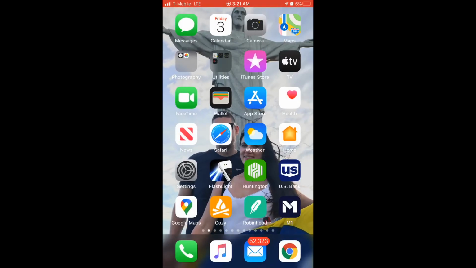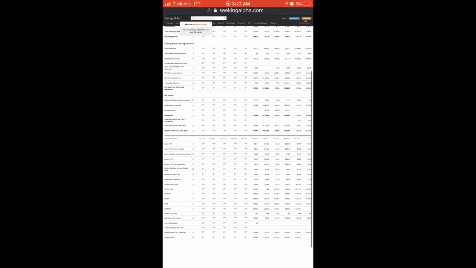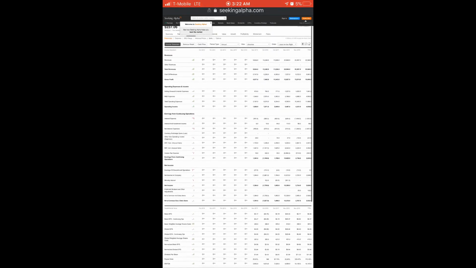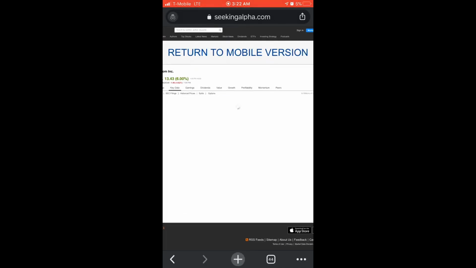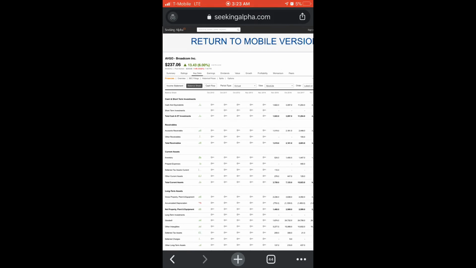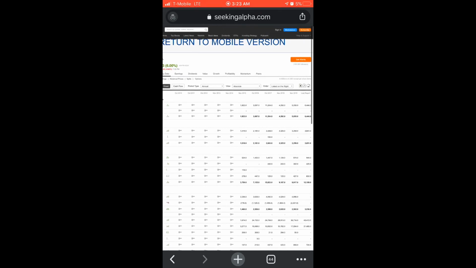So you have to go to your desktop, and then I go to, I'm on desktop version here. I go to finance, key data, financials, and you want to see how much cash this company has on hand. You go to balance sheet, total cash and equivalents here, and you go over here, 2019, $5 billion.